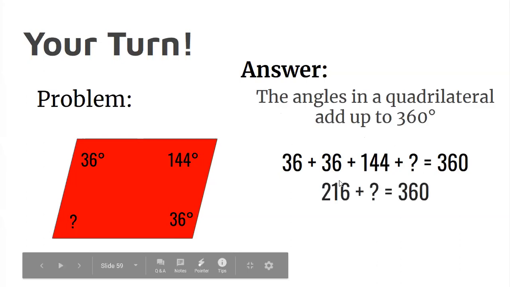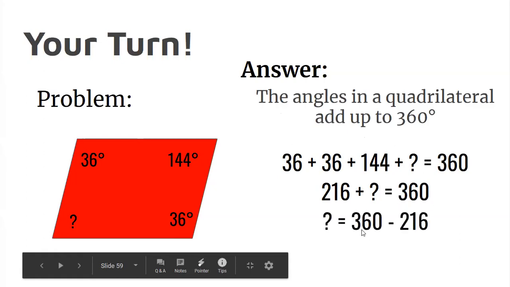Add up all the numbers, we don't add up the question mark, and then you should get 216. Then subtract 216 on both sides, and you should get question mark equals 144 degrees. So the unknown angle is 144 degrees.